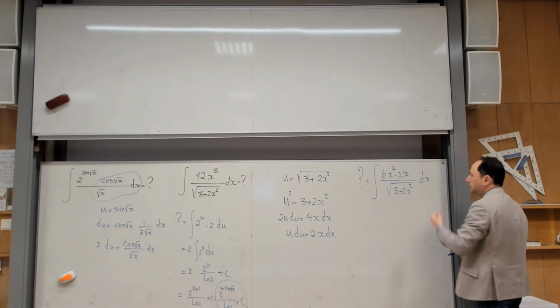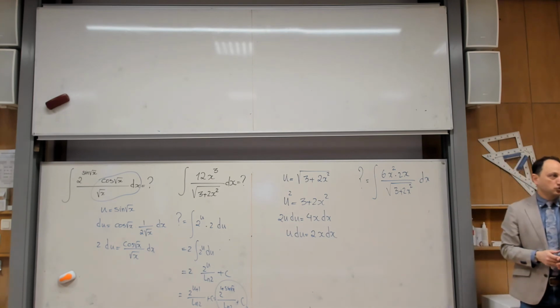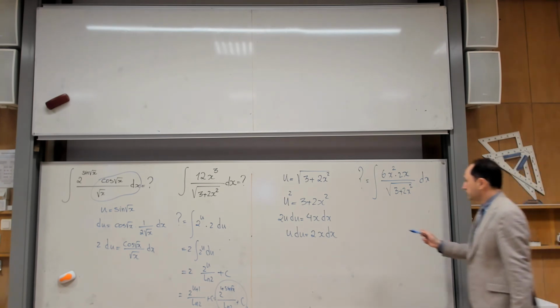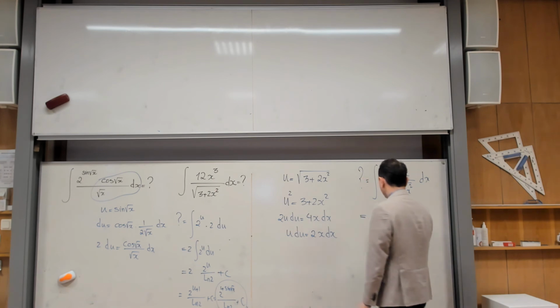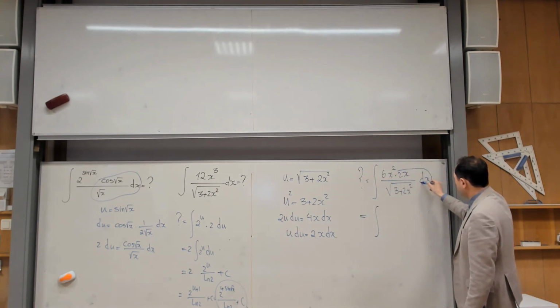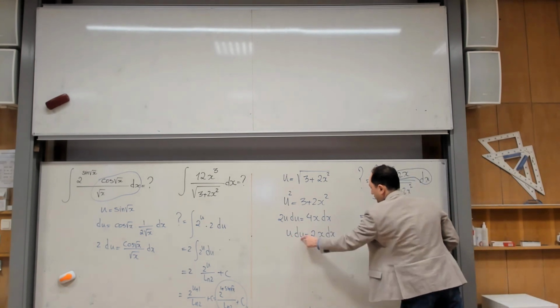But there is one thing left, and that is x squared. What can I do with that x squared? Because I want to get rid of all x's in favor of u. It's also simple. Let me just write so that you can think. So the question mark is equal: instead of this combination that you see here, I put u du.